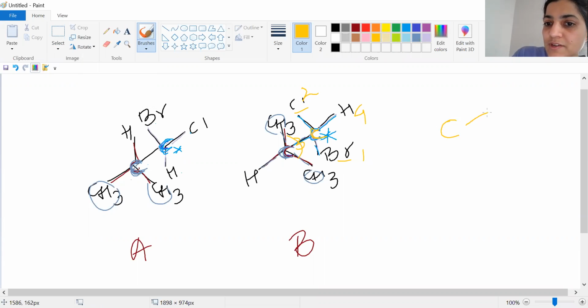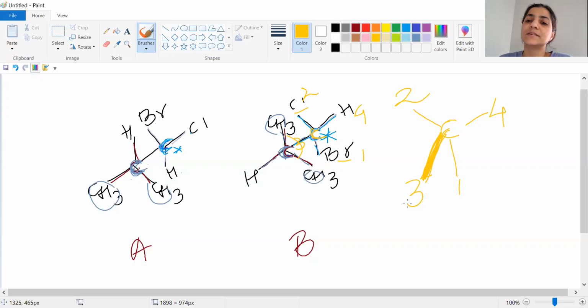Now, if I have to redraw this all over again, I'm going to draw it something like this. And this group attached to my third carbon, or the third group. What is the priority?